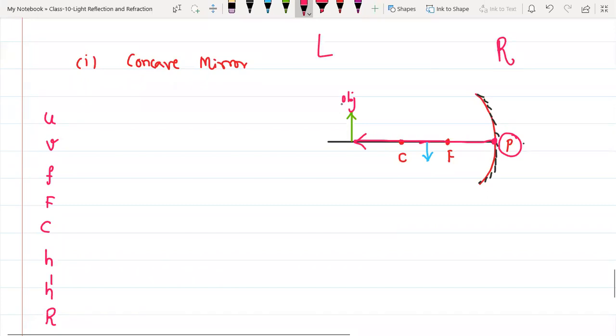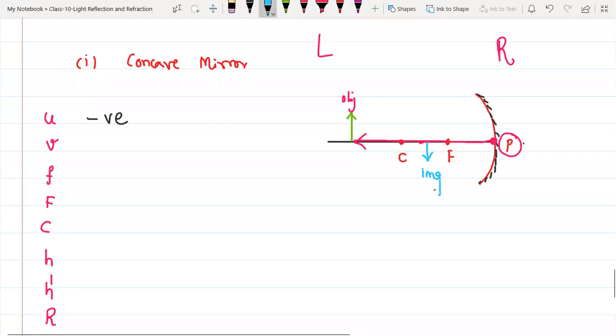Object is at left hand side, and if you want to calculate, always you will calculate from right hand side to left hand side. If you are moving from right to left, that will be negative, right? Right hand side to left hand side, you have to calculate negative. Okay, if you want to calculate image distance, this one is image.